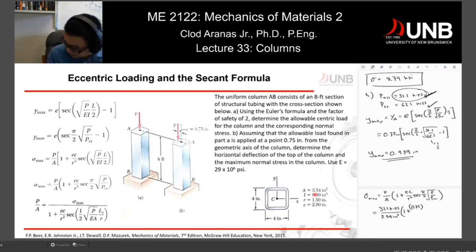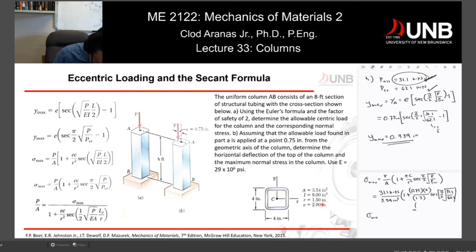I'm not going to put the units, I'll keep everything in inches. Now your C is also given, 2 inches, so you just have to copy those given. And then divided by your radius of gyration, also given, 1.5. Everything here should be in inches. And then you have your secant of, okay, I'm not sure if you can see this one, but this is 31.1, 62.1, then this one.